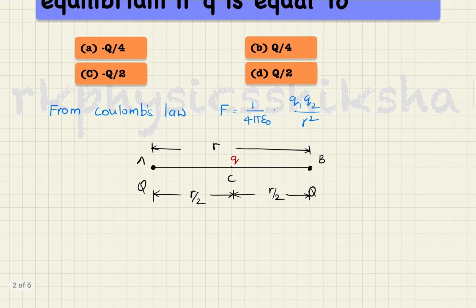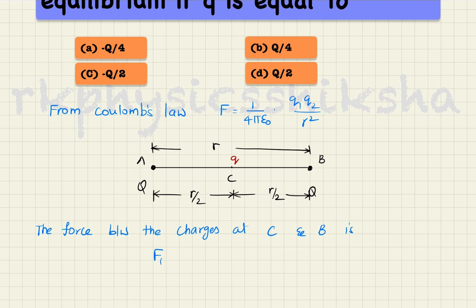Now I consider the charge at B and calculate the net force acting on it. The force between the charges at C and B, I take as F1.